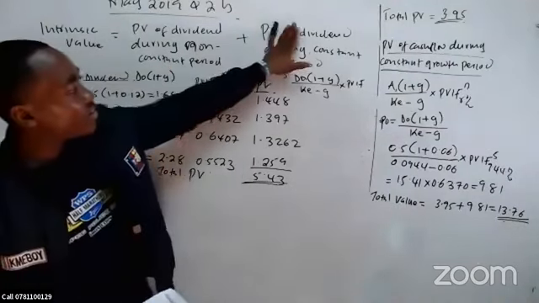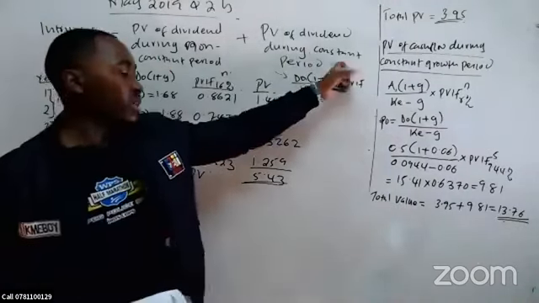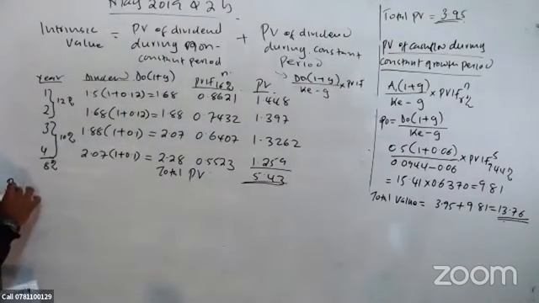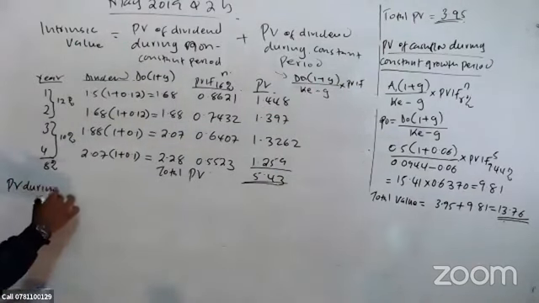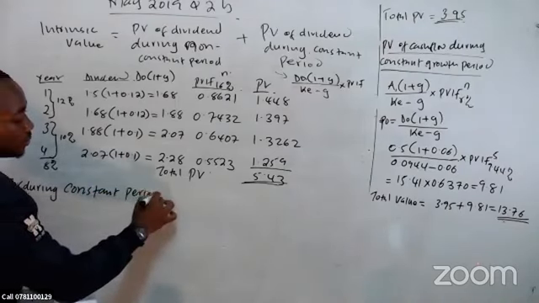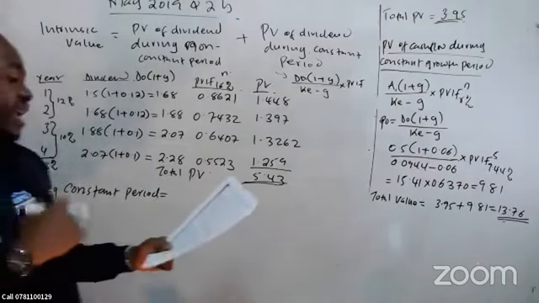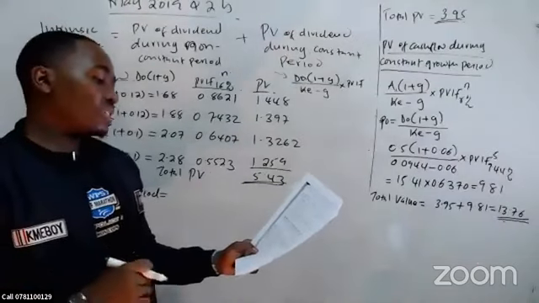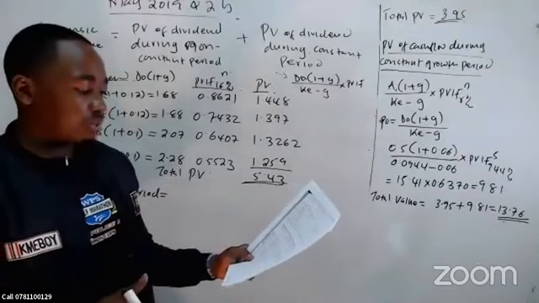Now let's get the present value of dividend during the constant period. Remember, we are told that after year 4, the growth rate will stabilize at 8% per annum to perpetuity.